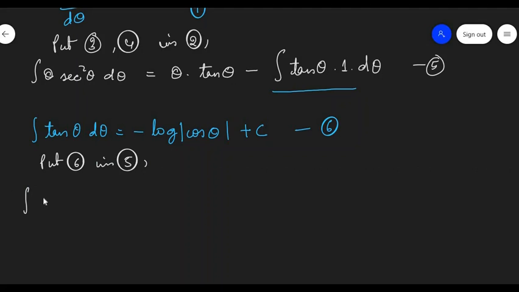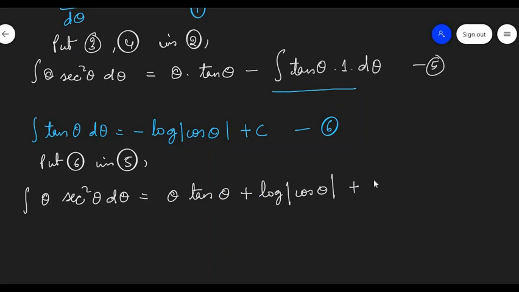So we will get integration of theta sec square theta d theta as theta tan theta plus log of cos theta plus c. Now we need to express this equation back in the form of x.